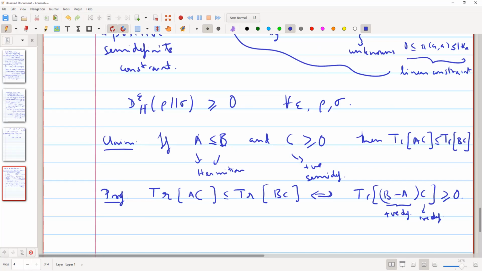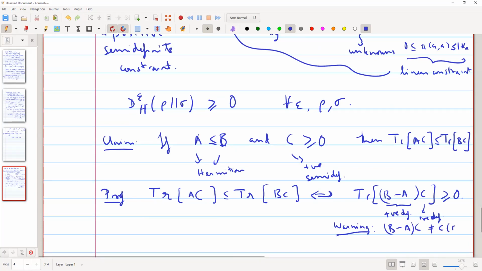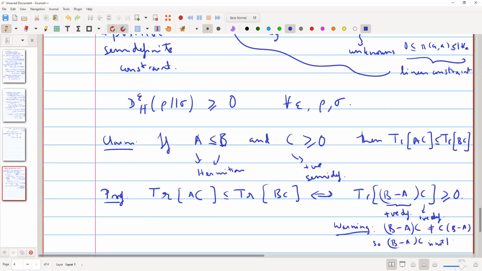So let me write down the warning. In general, B minus A does not commute with C, so (B minus A) times C in general is not even Hermitian.